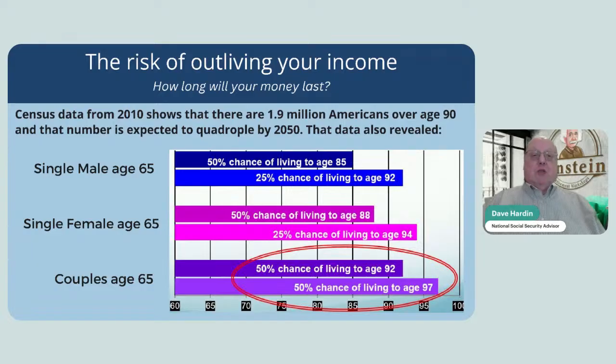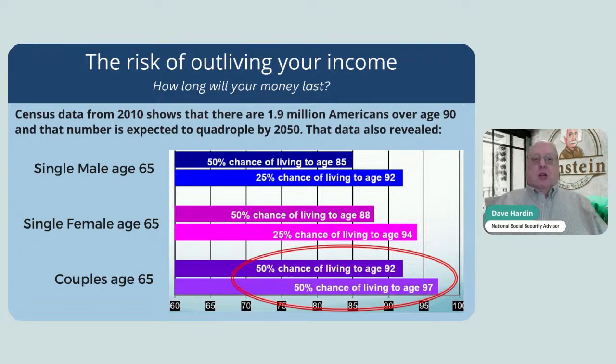All right, what's the risk of outliving your income? Because if we're talking about when to take Social Security, the first thing we have to ask is, how long do we think we might live? And you might be surprised. This is census data. If you're a single male in our country today, age 65, you have a 50% chance, a coin flip, that you're living to 85. I don't think that surprises most of us.